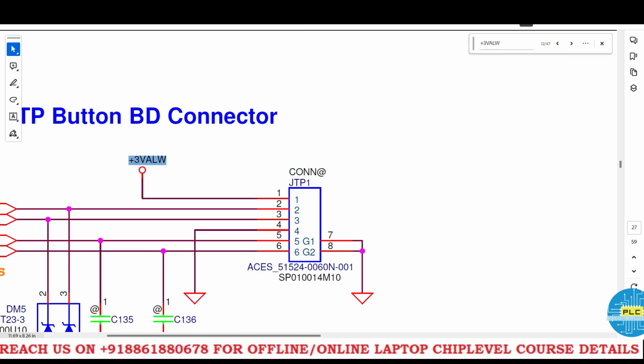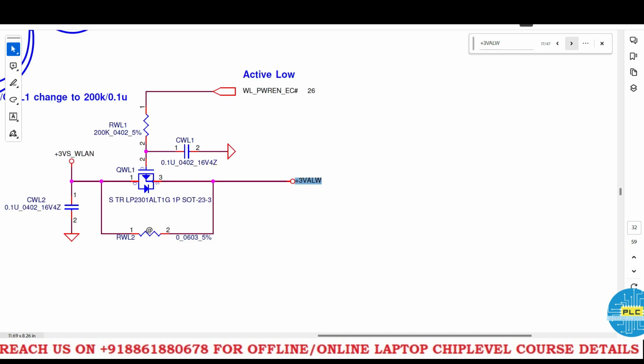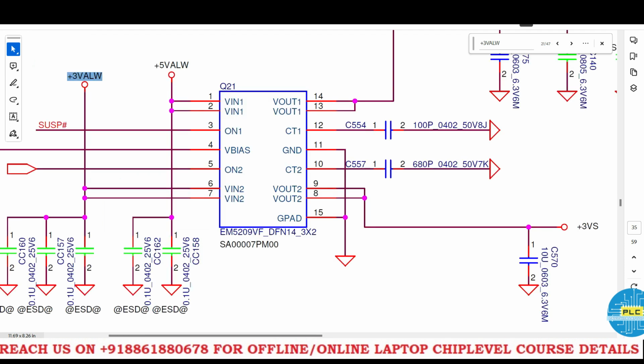Here is the power connector. In this connector, pin number 1 will be 3 volts always. Through this logic circuit, here 3 volts is converted to 3VSW LAN. See here, it's going as VIN2 to this particular IC.